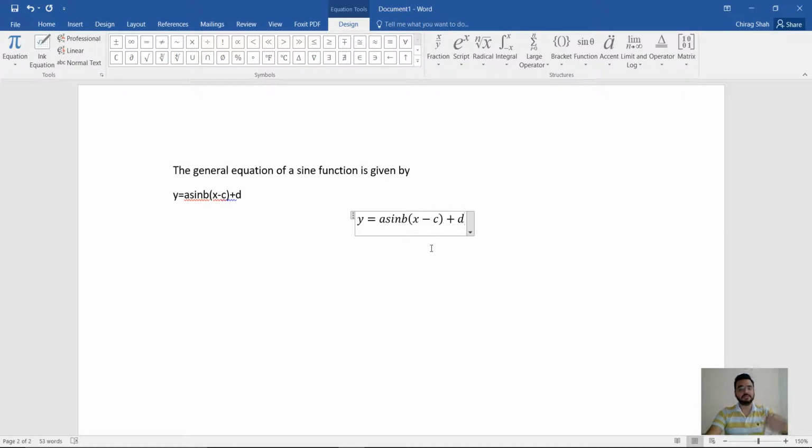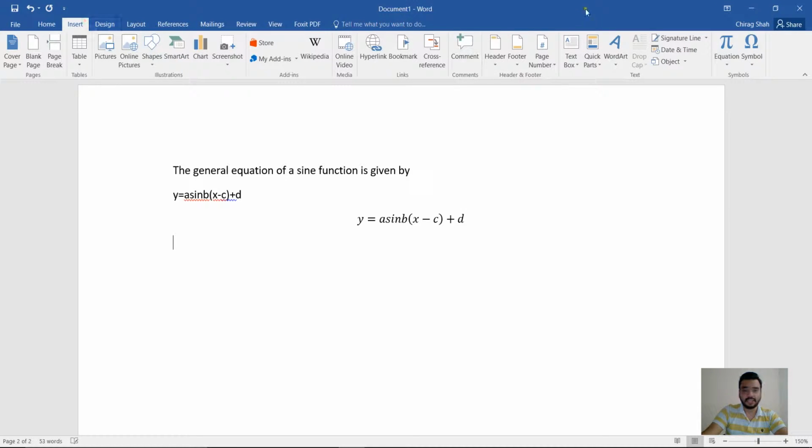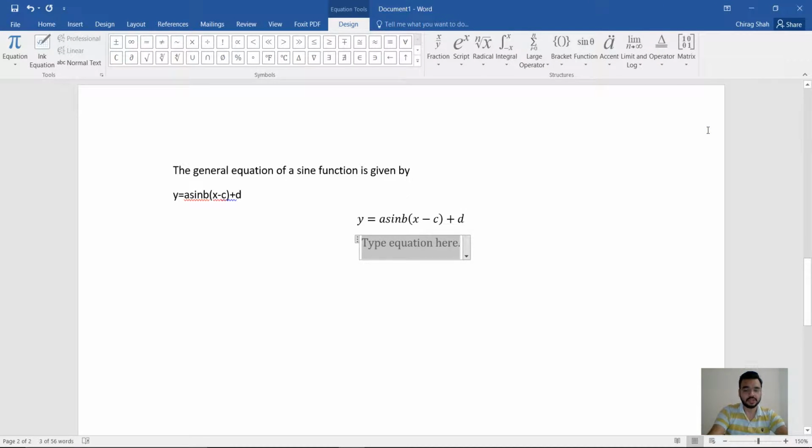For example, suppose I want to add the equation y equals a by b multiplied by c. If I just introduce my regular brackets even in the equation mode, y equals open and close bracket, and inside this I add a fraction, I click on this and I add a divided by b.